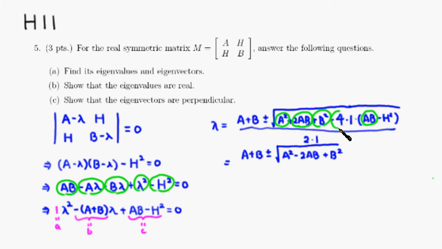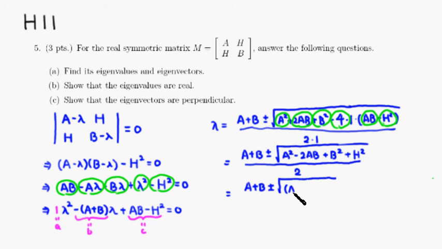And then we have a negative 4 times negative H squared, so it's going to be plus 4H squared, all over 2. This is equal to A plus B plus or minus the square root of, it looks like this is just going to be A minus B squared, which looks a little bit better, plus 4H squared, over 2.